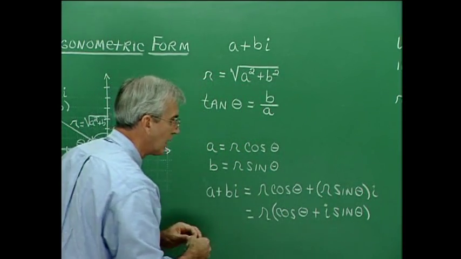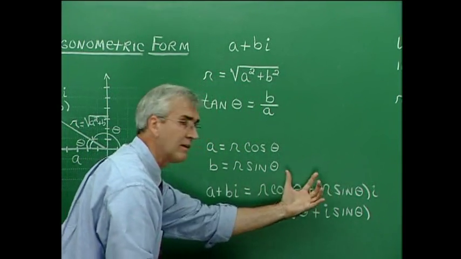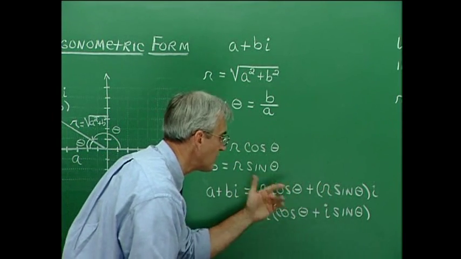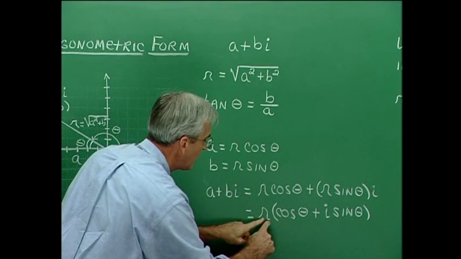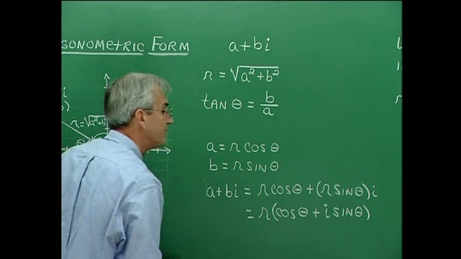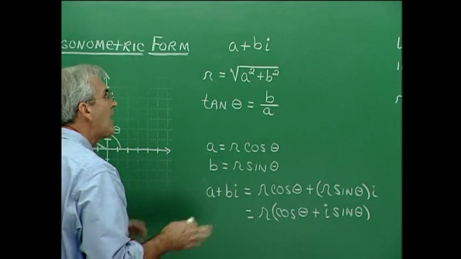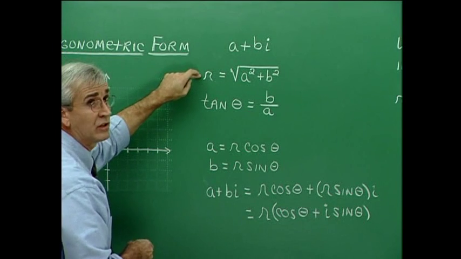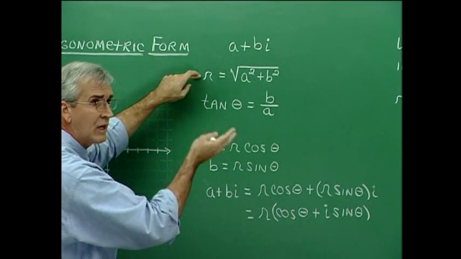It's written a little bit differently, and in fact the r is often factored from these two terms as a common factor. So a lot of times it's written as r times cosine theta plus i sine theta. Now, by the way, the r is sometimes called the modulus in terms of vocabulary for this kind of form.